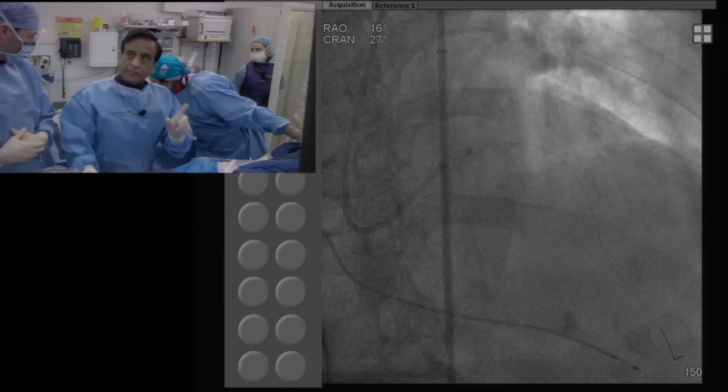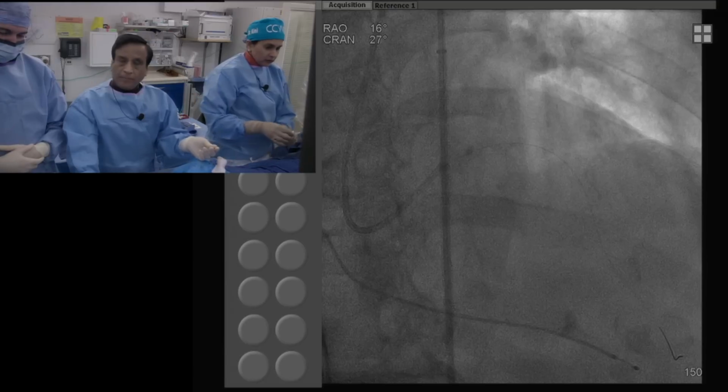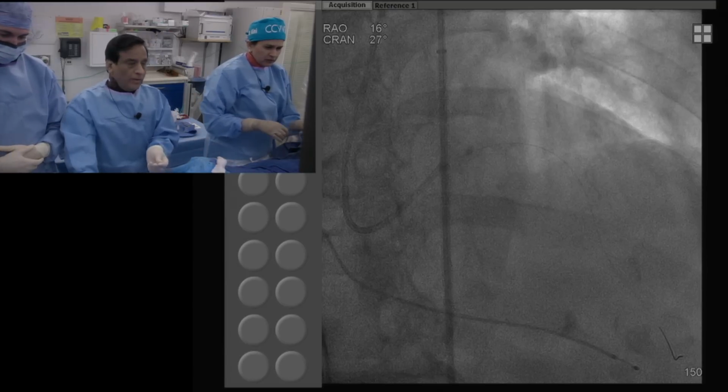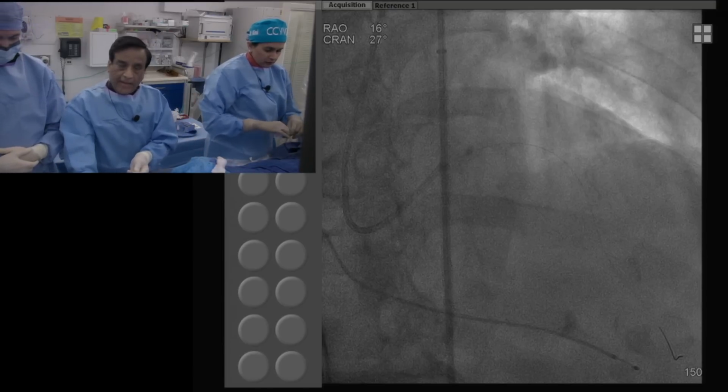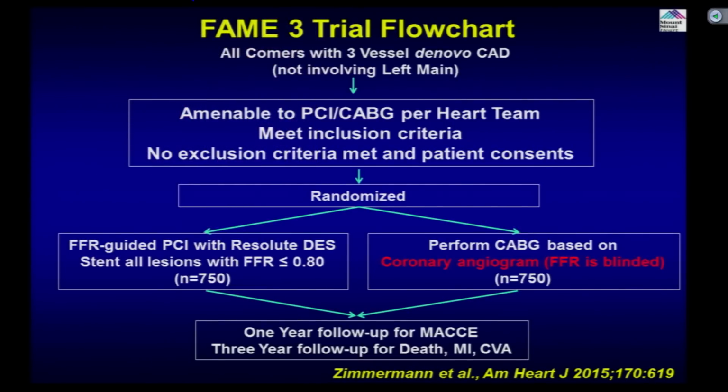I can just go back one slide, because that was the last part of our presentation and I stopped there. That is the ongoing trial called FAME 3. FAME 3 is a trial of patients with multivessel de novo disease, not involving the left main, where heart team discussion is happening, and of course acute MI patients are excluded.